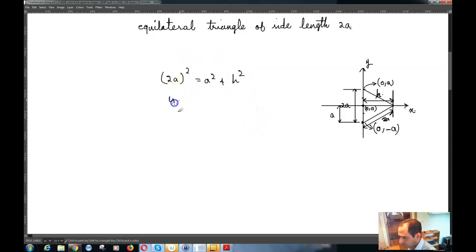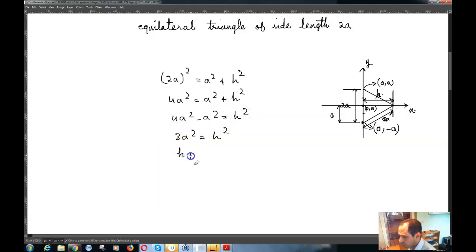So then that means that 4a squared is equal to a squared plus h squared. So basically 4a squared minus a squared is equal to h squared, and 3a squared is equal to h squared.